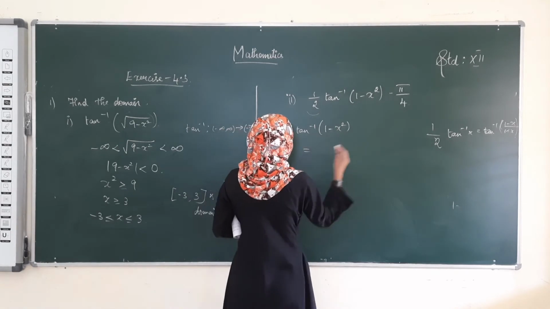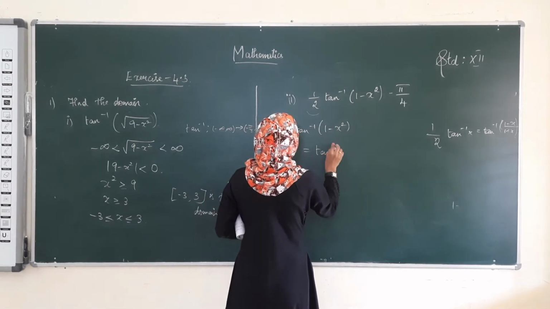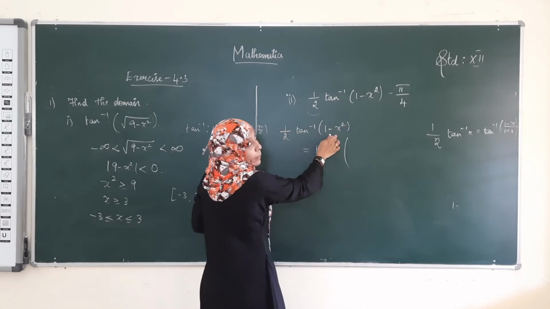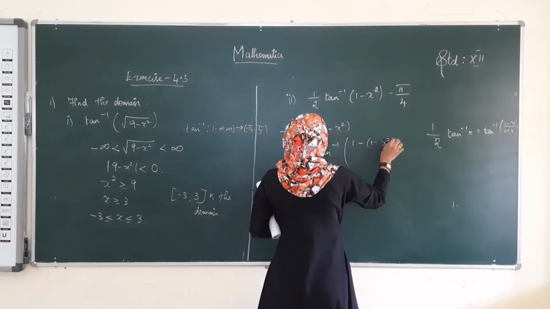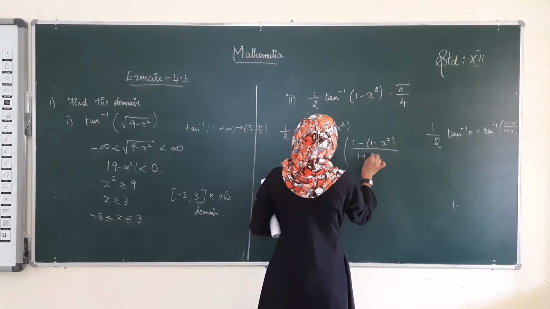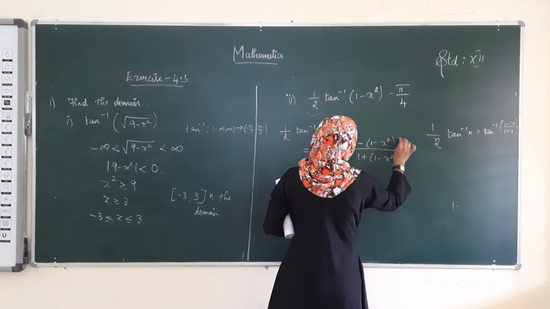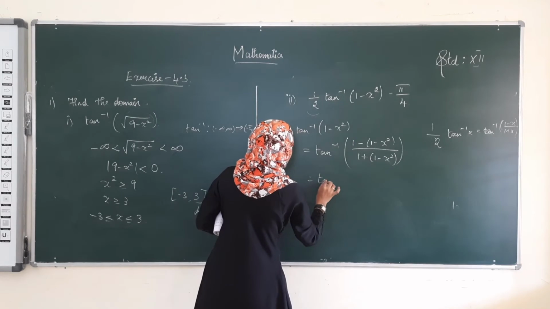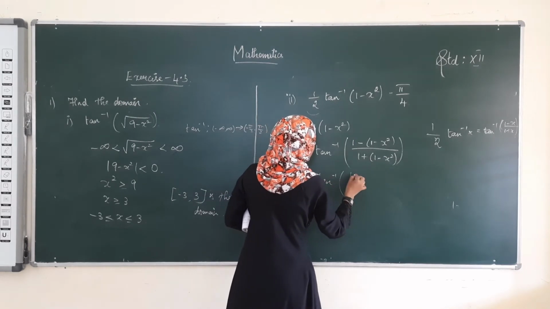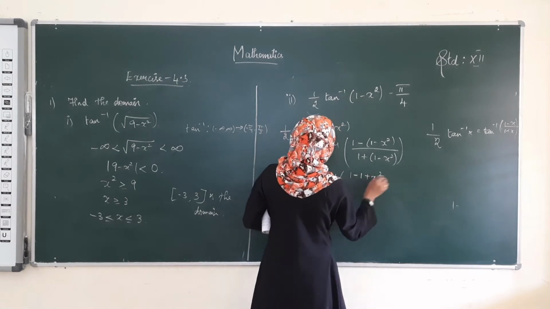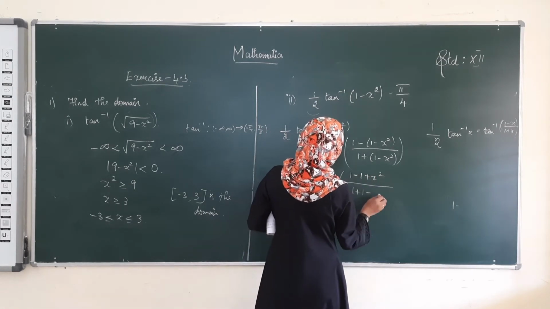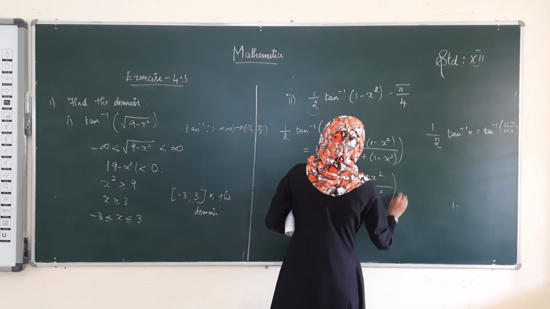So, on applying this formula we get tan inverse of, here the value of x is 1 minus x square, so 1 minus x squared divided by 1 plus 1 minus x squared. Solve this. Tan inverse of 1 minus 1 plus x squared divided by 1 plus 1 minus x squared.